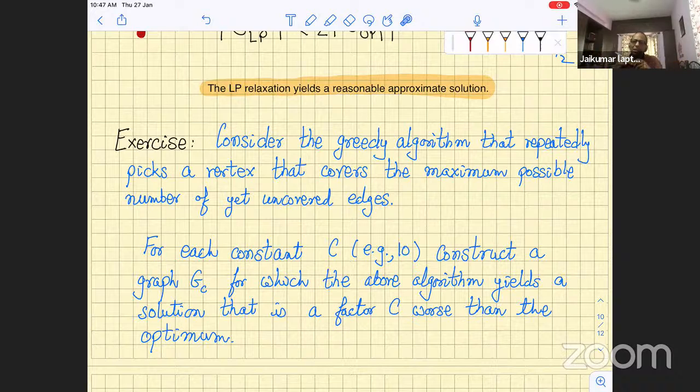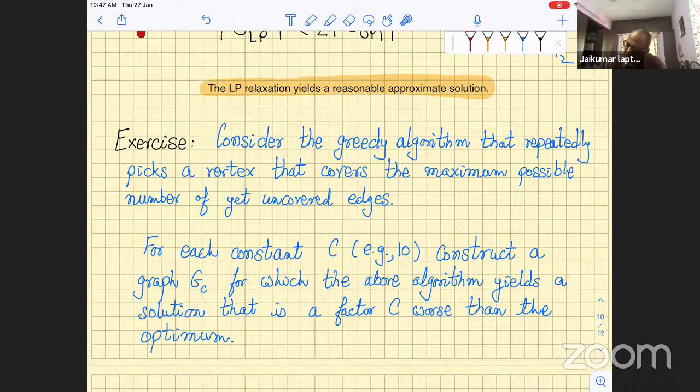Now, how much worse than the optimal can this be? In most examples, it doesn't look too bad, but actually you can construct graphs where this particular greedy algorithm will be any constant worse than the optimal solution.